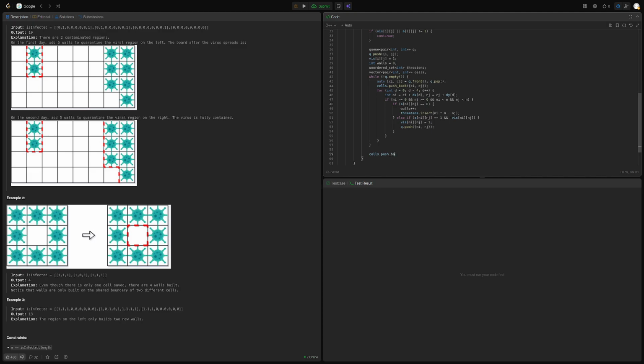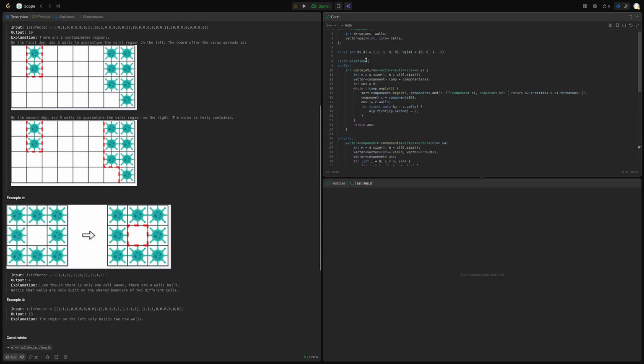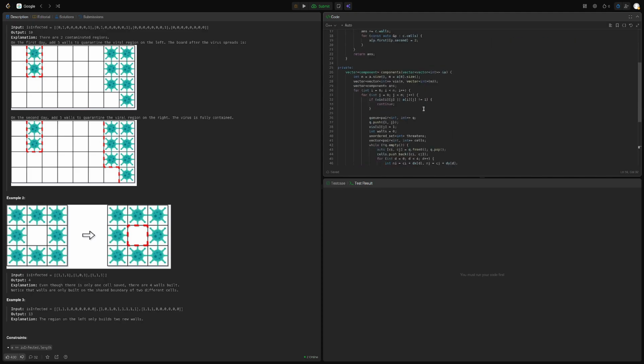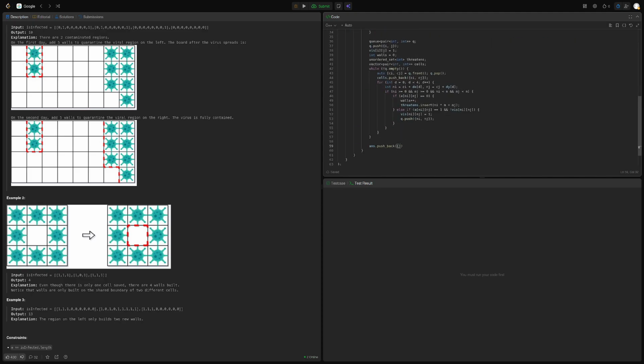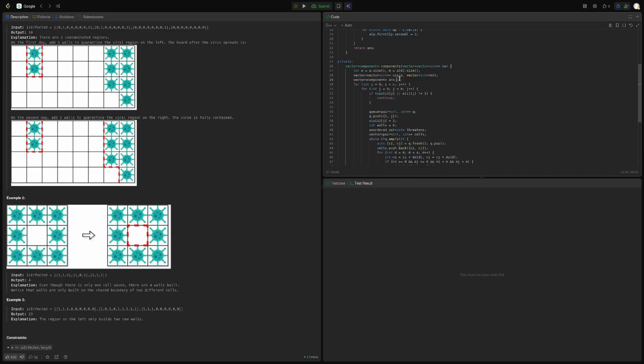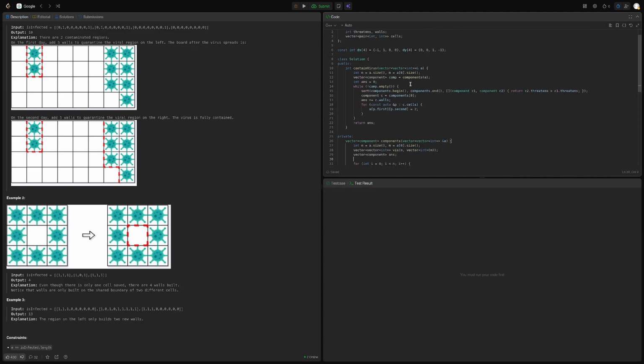Ans push back, and now I put threatens size and walls, cells. Return ans. That should work, maybe.